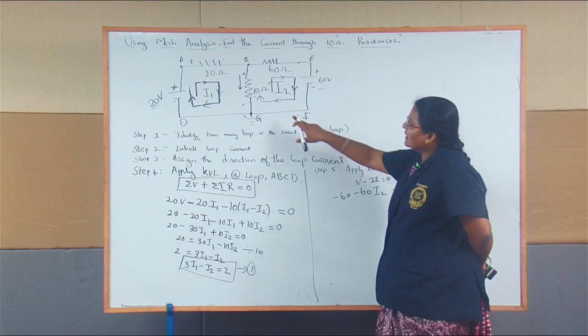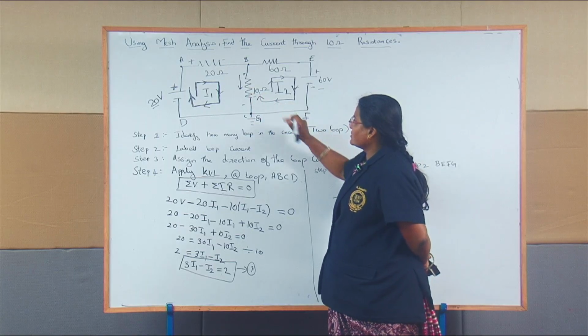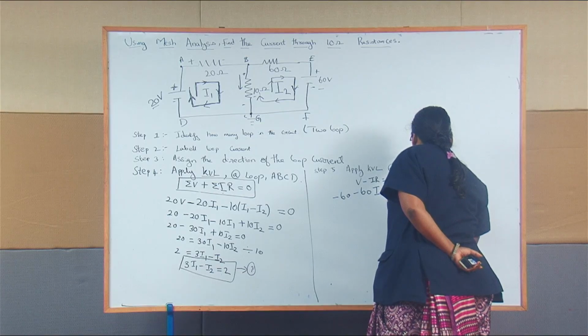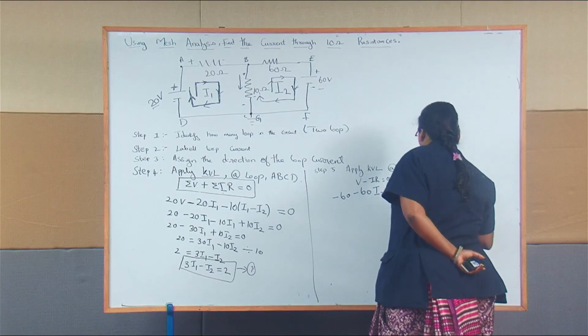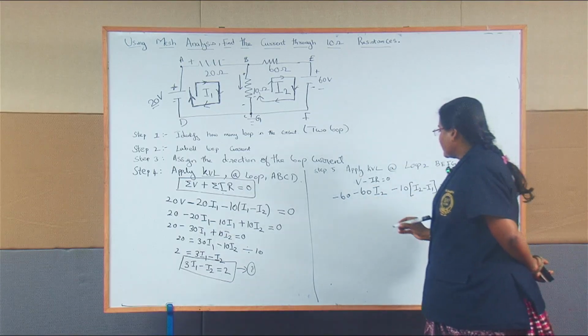Again, this is the dependent resistor, so you have to write I2 minus I1 equal to 0. So I am going to simplify this equation.